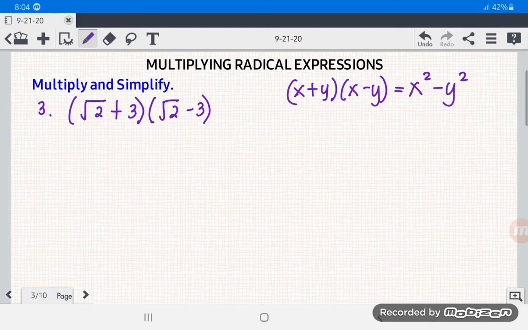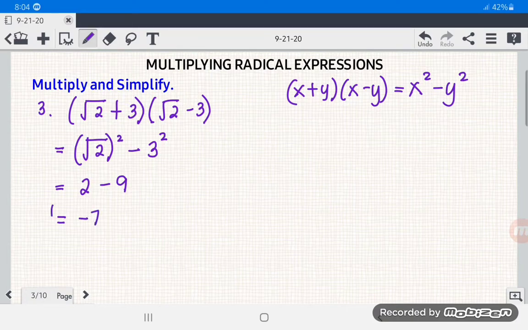Here, the first term is square root of 2, squared, minus the last term, which is 3, squared also. So we have square root of 2 squared, that is 2 itself, the radicand. Then minus 3 squared is 9, because 3 times 3 is 9. Then we have 2 minus 9, that is negative 7.